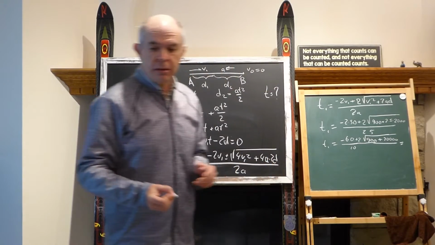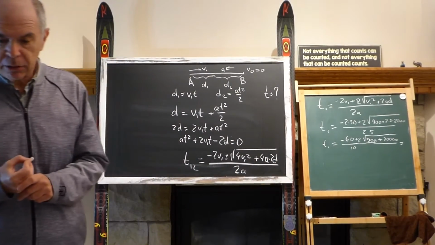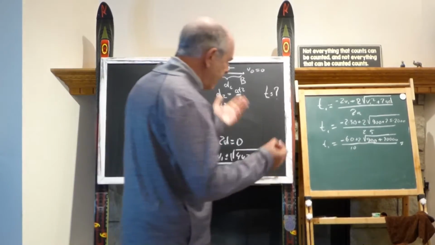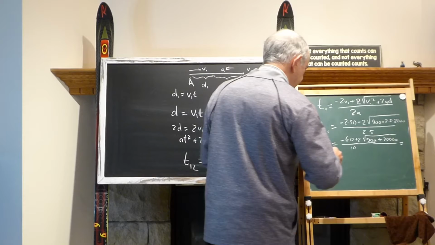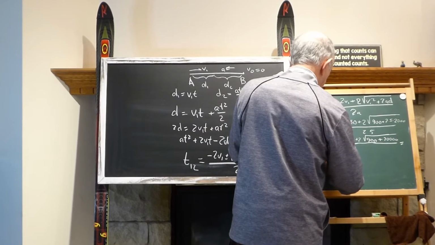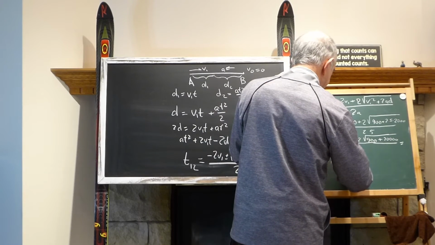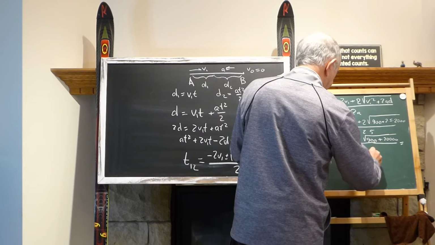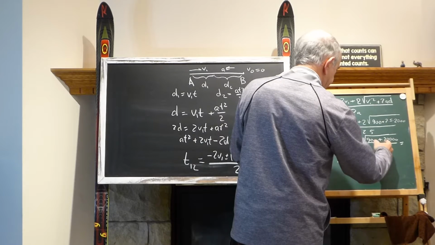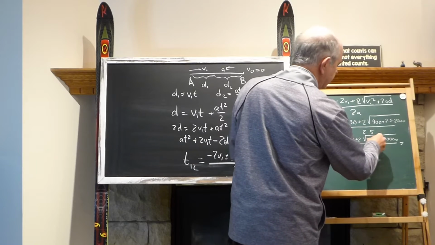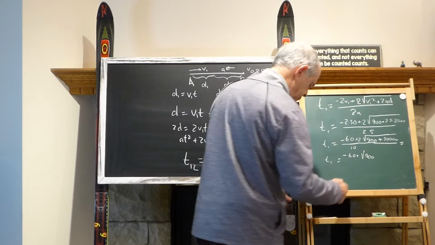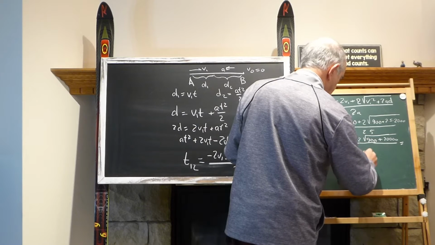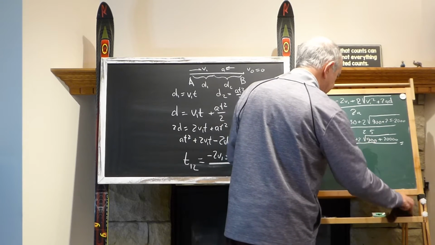I can use the calculator. You probably will use a calculator, but I will not because I can do it without one. I will receive t1 equals minus 60 plus or minus 2 times the square root of 900 plus this, and I will factor 10 out.